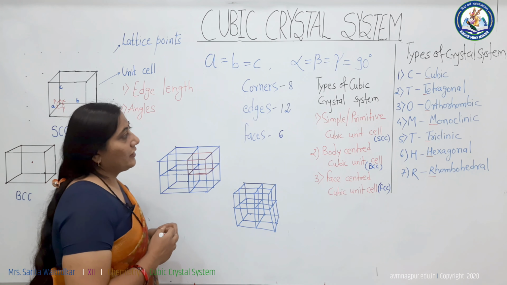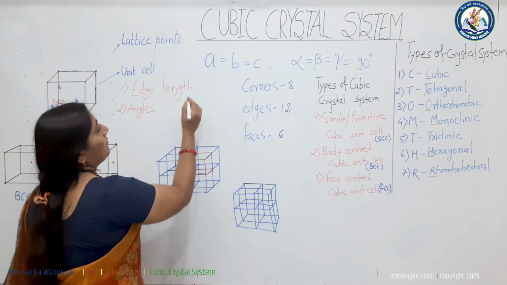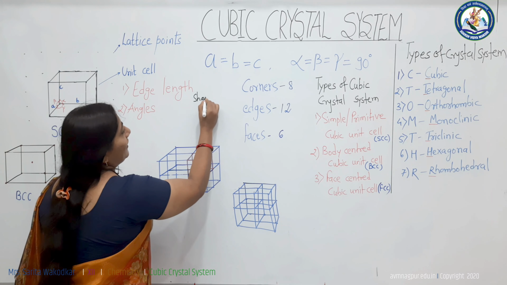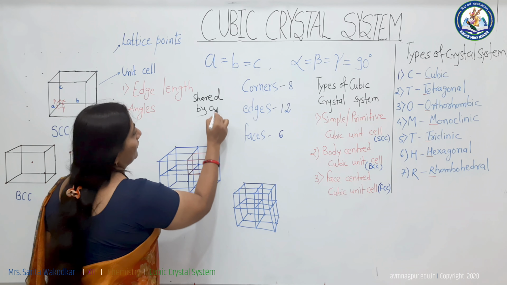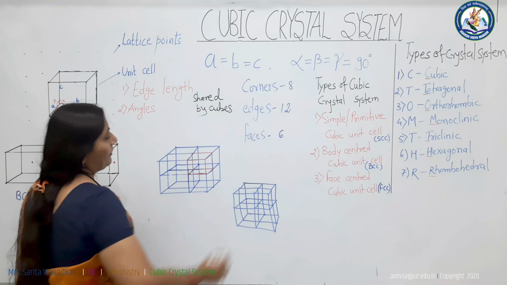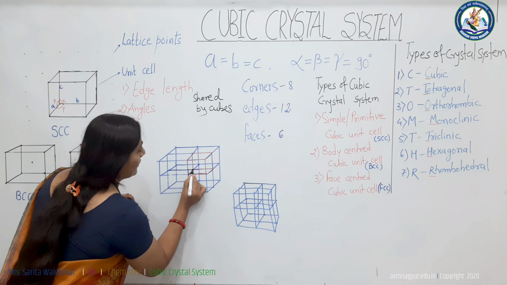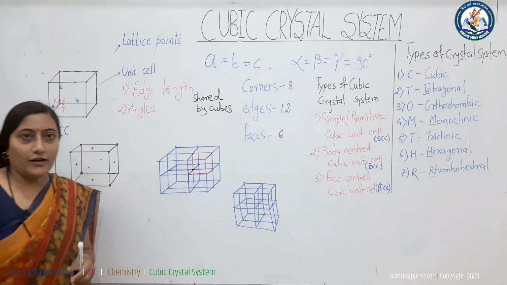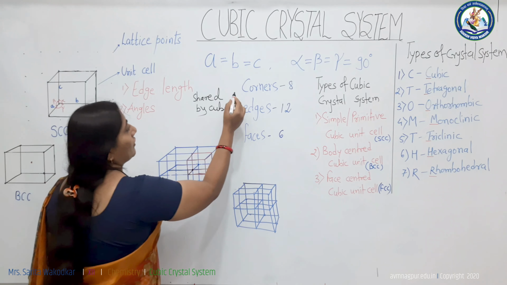Now if we consider the sharing of particles, these constituent particles are shared by how many cubes? The first one, the corner particle, is shared by 8 cubes.